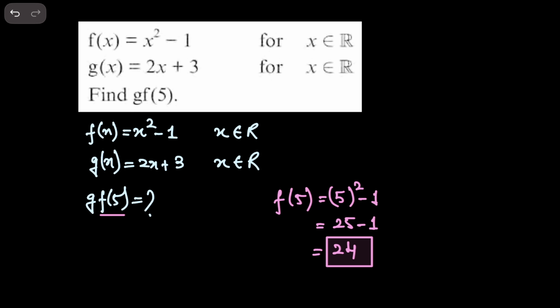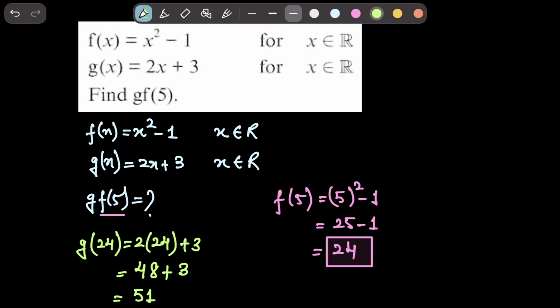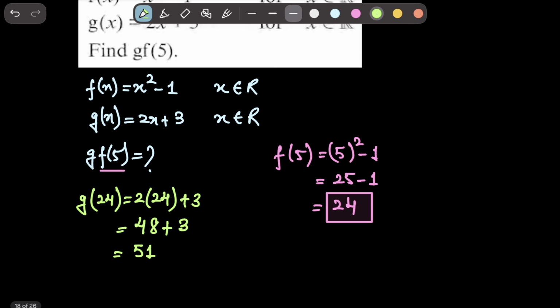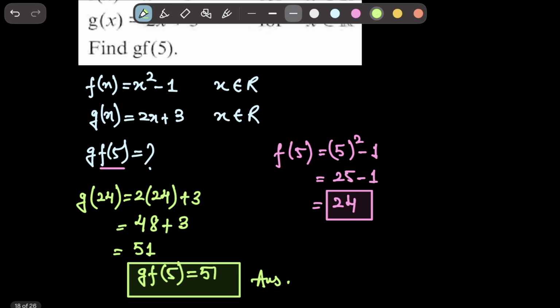So I will write this function as g of 24, and in place of x I will substitute 2 times 24 added to 3, and I get my final answer as 48 plus 3, that is 51. So my final answer for the given question is g of f of 5 gives you 51. Okay, so please pause the video and note the solution so that we can move on to the next question.